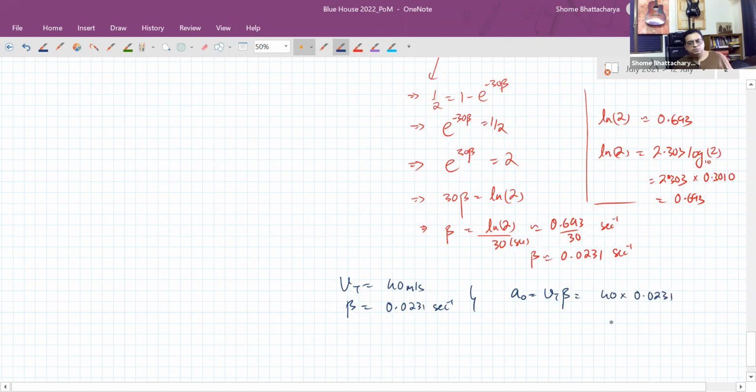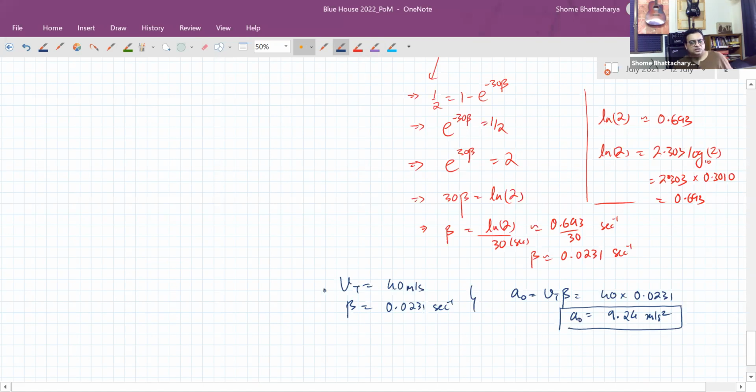So how much will it be? It's almost coming as much as I had predicted. 9.2 is coming, right? 0.231 into 4. It's slightly more, but right, this is the initial acceleration I'm getting.